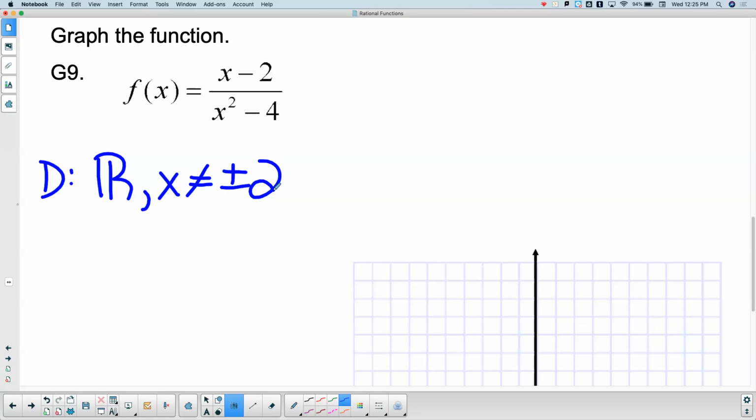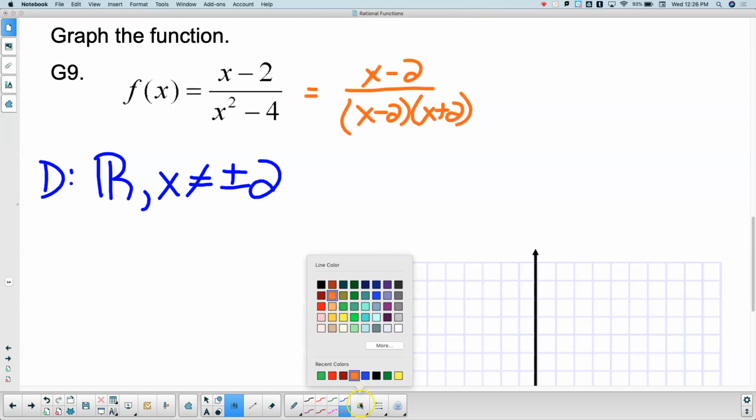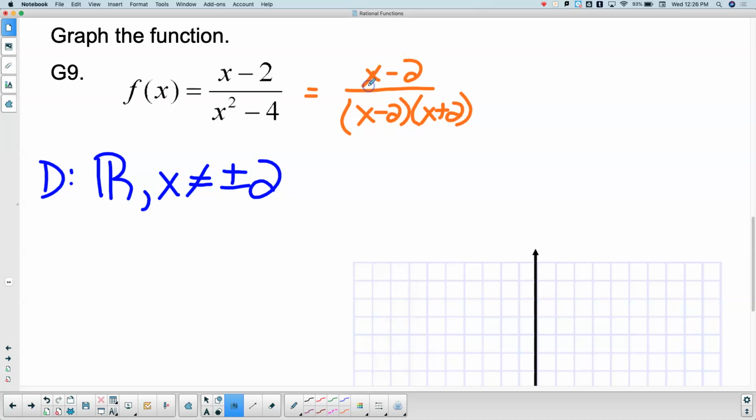Now we go back and we do step number 0. So step number 0 says this is really x minus 2 over x minus 2 times x plus 2. The x minus 2's now can cancel each other out, leaving me with my new function of 1 over x plus 2.